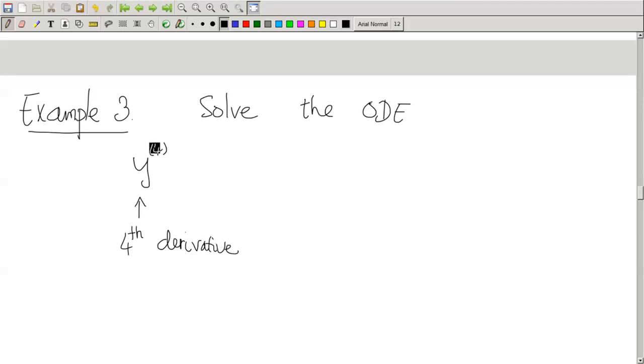So pay attention to the parentheses around there. Minus 2y double prime minus 8y equals 8x squared. This is our non-homogeneous equation.